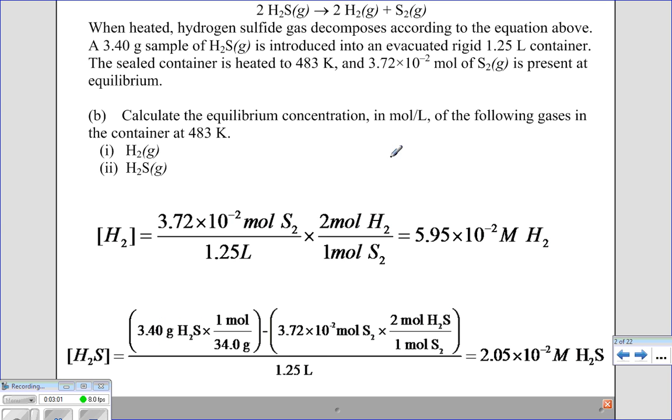Now I subtract from that the fact that for every 2 of these that disappeared, 1 of these showed up. And I know how many showed up, how many were formed. So if I take this, the number of moles of S2 formed, and I multiply it by the same kind of factor, 2-to-1, then that's going to be the amount of H2S that had to disappear. So moles minus moles, and the whole thing divided by the volume. So the concentration of H2S is 2.05 times 10 to the minus 2.